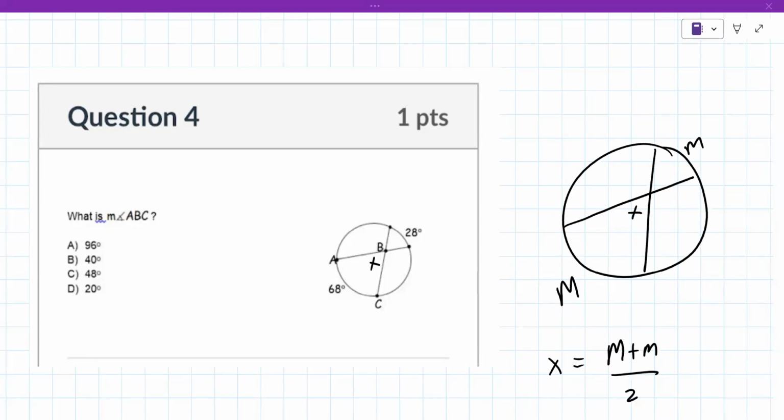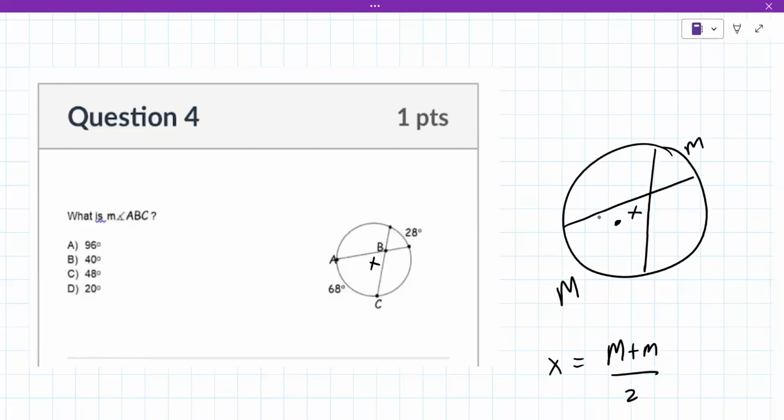X equals M. Is it M plus N? Yes, when it's inside the circle, 2 chords, the center's off to the side somewhere. You do add them and divide by 2. Okay.